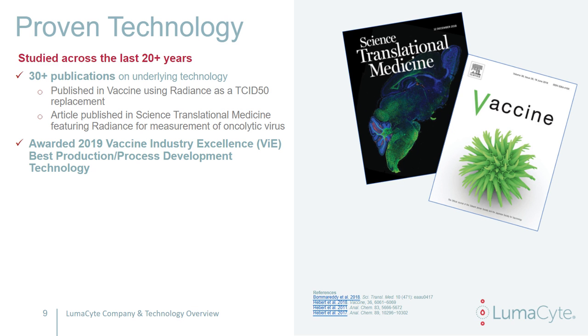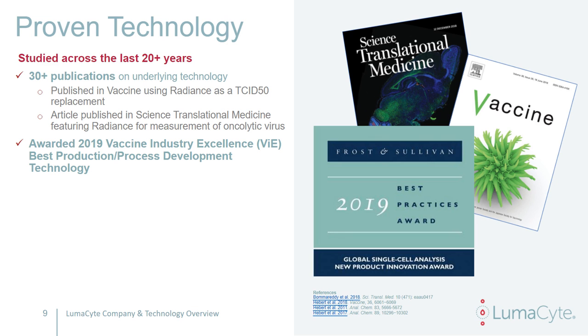So we were very happy to be selected by our peers and the vaccine expert committee that made this decision. Also in 2019, we were selected by Frost & Sullivan for the Global Single Cell Analysis New Product Innovation Award. Again, a very prestigious award to get from this company.